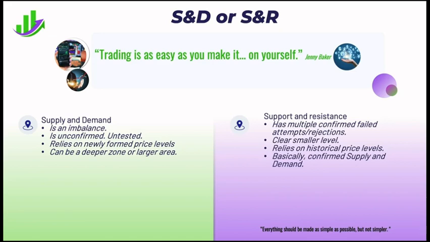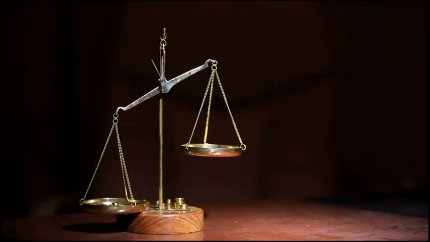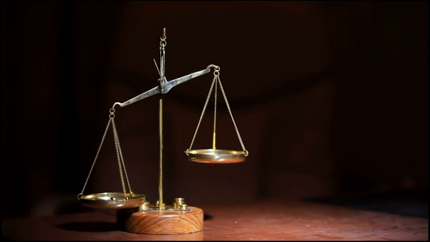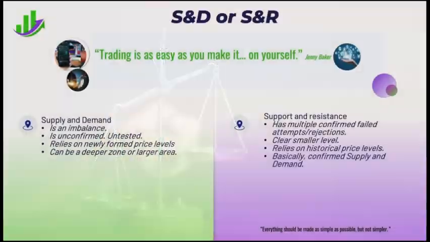But just so we at least define these accurately, supply and demand is literally just an imbalance of buyers and sellers, right? It's an imbalance of price on the chart where a big move typically happens in that area. It's unconfirmed, it's untested, and it relies on newly formed price levels.